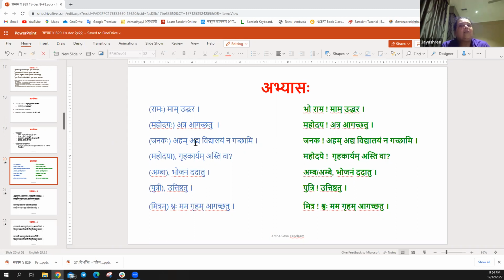Astiva, it's Asti, lat lakara, present tense. I don't know how to translate it. Is there any homework? Is there homework? Now I get it.